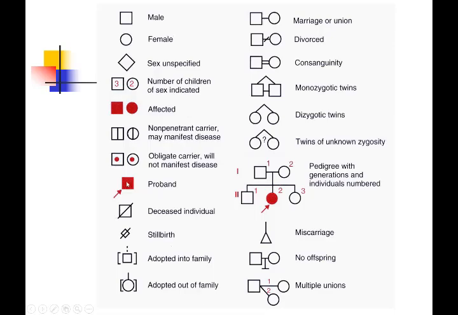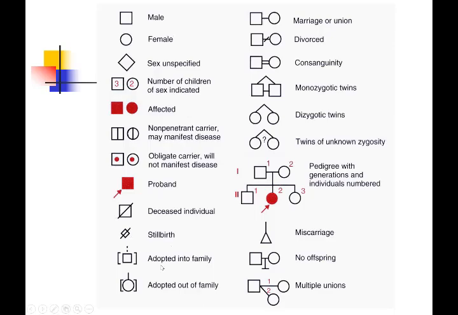this person. A deceased individual is the individual who passed away and died from the pedigree. Stillbirth means the fetus has died during pregnancy.